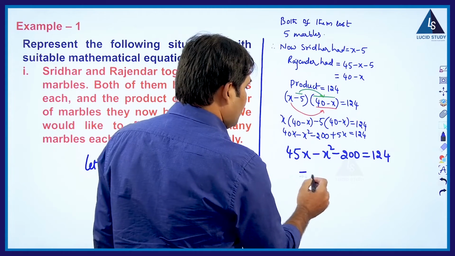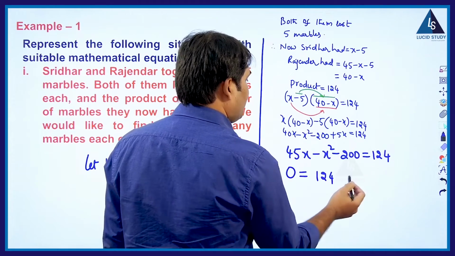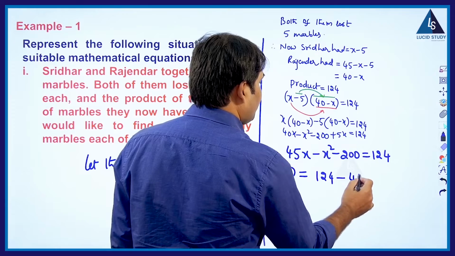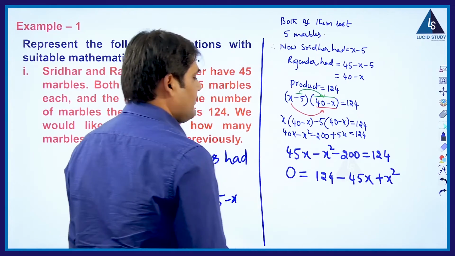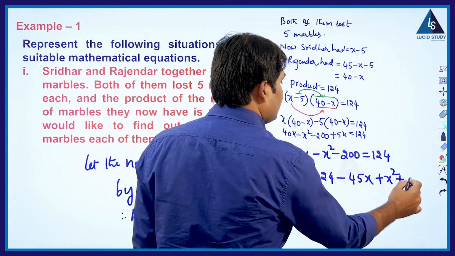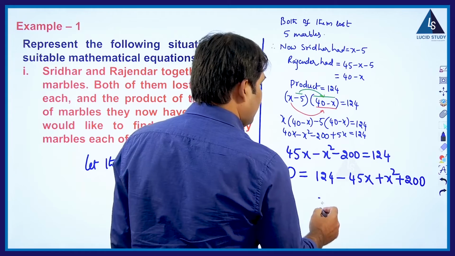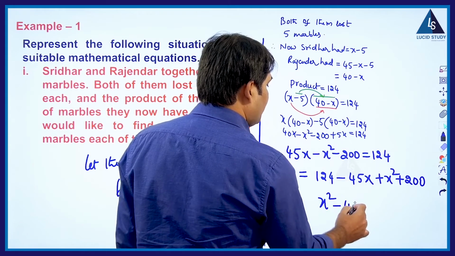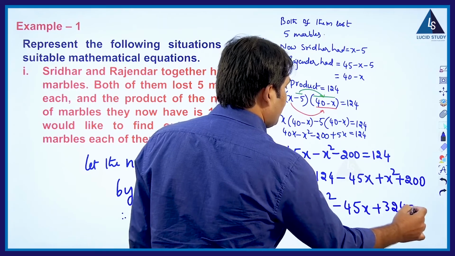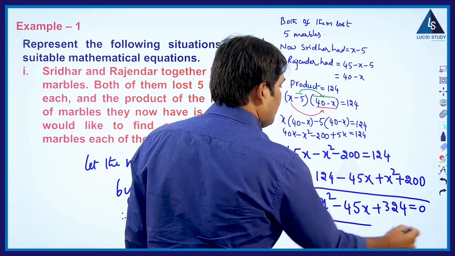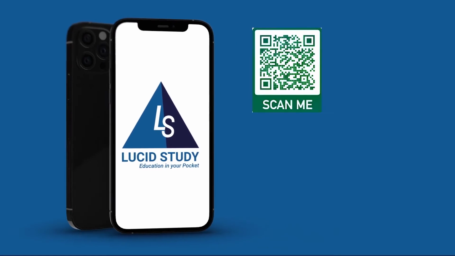So here on the left side only 0 will be there. Here already 124 is there. 45x, what it will be? Minus 45x. Minus x square will be plus x square. Minus 200 will be plus 200. Now see, x square minus 45x plus 124 plus 200, that is 324, is equal to 0. So it forms a quadratic equation.